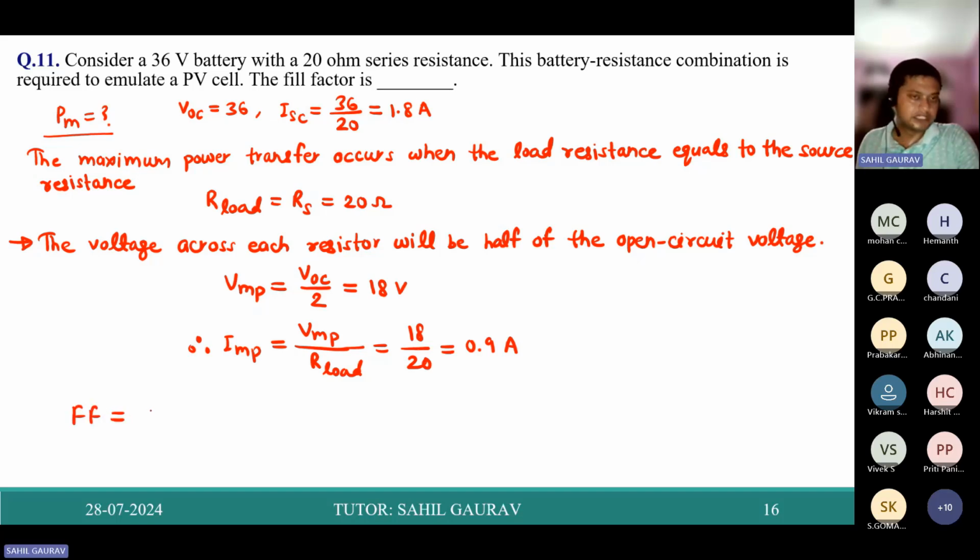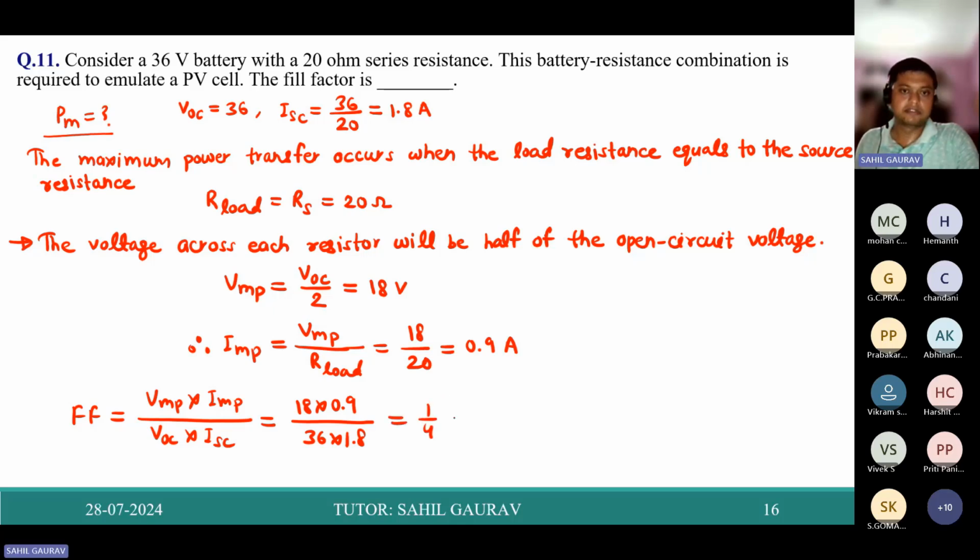Now we know that fill factor is VMP into IMP upon VOC into ISC. VMP is 18 into 0.9, and VOC is 36 into 1.8. So the fill factor will come as 0.25.